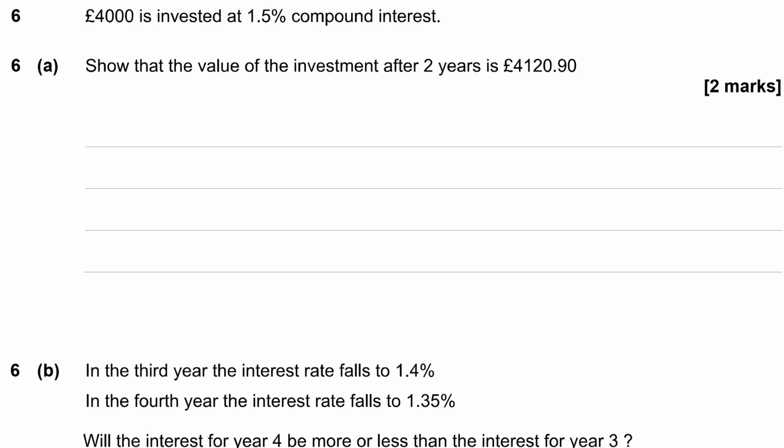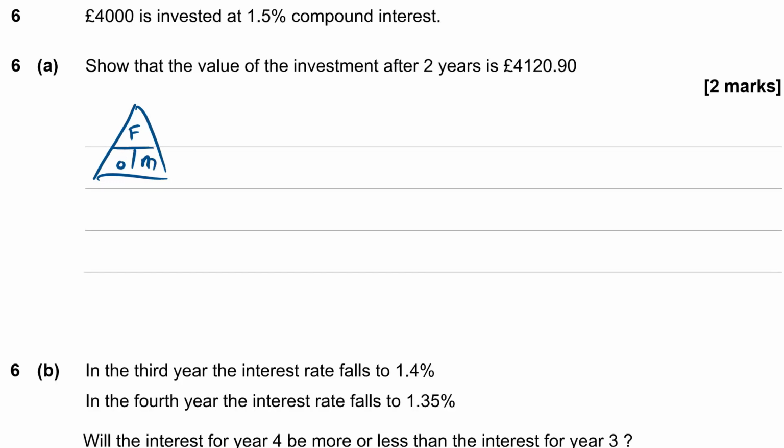Question 6. £4,000 is invested at 1.5% compound interest. Show that the value of the investment after 2 years is £4,120 and 90 pence. Okay, with percentage questions I usually start off with my little remembering triangle, final, original, multiplier, to work out which way around it goes. So here I've been given the original, which is £4,000.